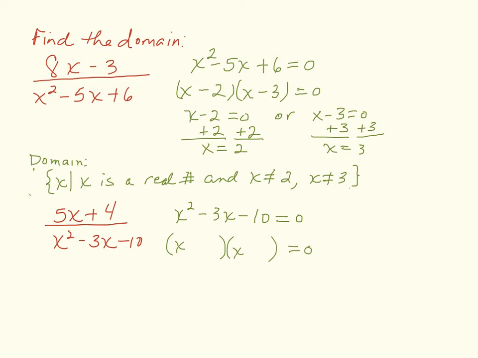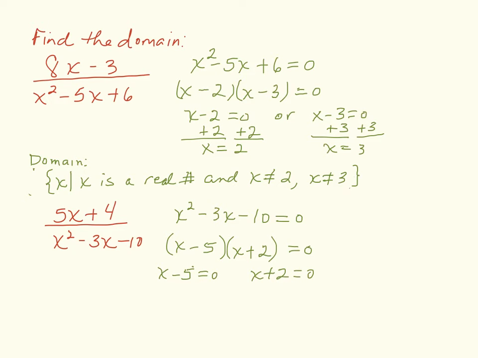I have x and x, and I need two numbers that multiply to negative 10. So negative 5, positive 2. So we have x minus 5 equals 0, or x plus 2 equals 0.